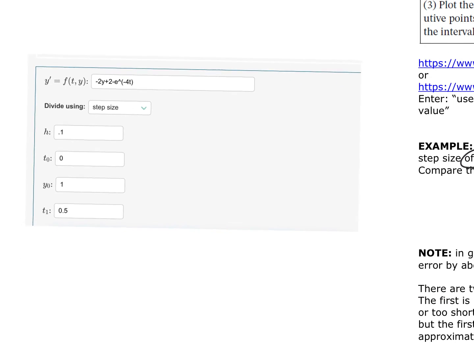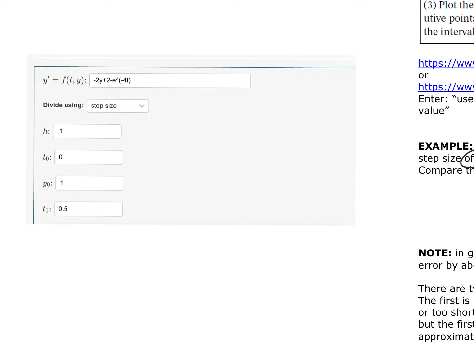So notice I have to put in the function solved for the derivative. So it's a function of t and y. So I solved for my function. My function was given to me as y prime plus 2y is equal to 2 minus e raised to the negative 4t. And so I had to bring this 2y to the other side, so it's a minus.